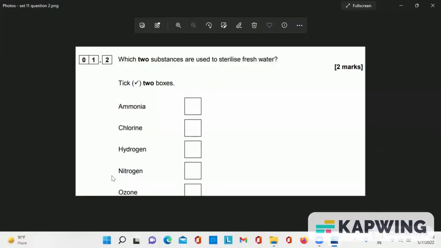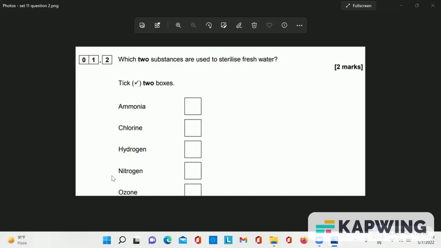My question is, which two substances are used to sterilize fresh water? We have to tick two boxes, as the marks are also 2. The options are ammonia, chlorine, hydrogen, nitrogen, ozone. As we all know, chlorine is used as a cleansing agent. It is also used in swimming pools for killing germs and bacteria.